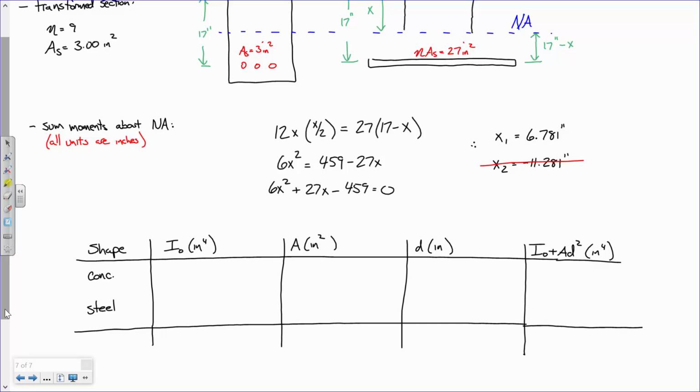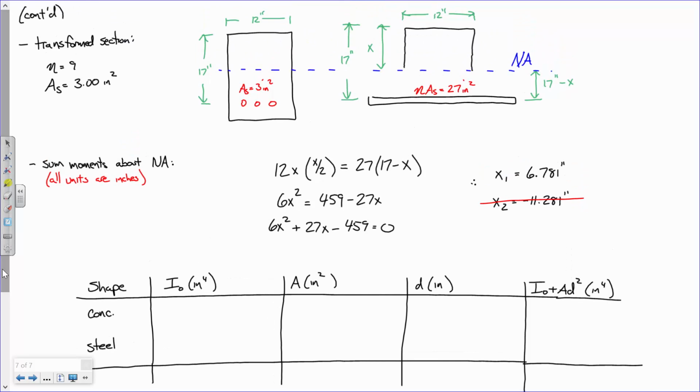We're going to take this one step at a time, and I think you're going to find it's pretty simple. Let's just do the concrete start to finish. I have a rectangular component of concrete that is 12 wide and x tall. So, how do I determine the moment of inertia of a box that's 12 by x?